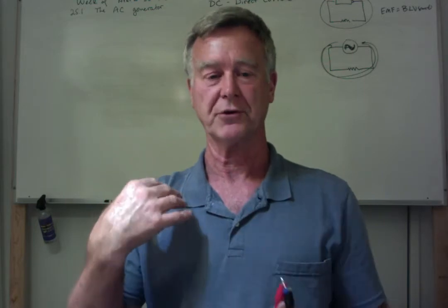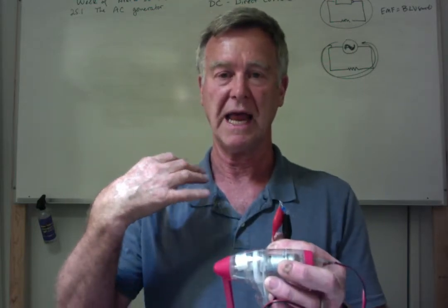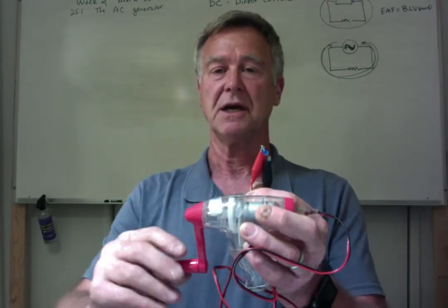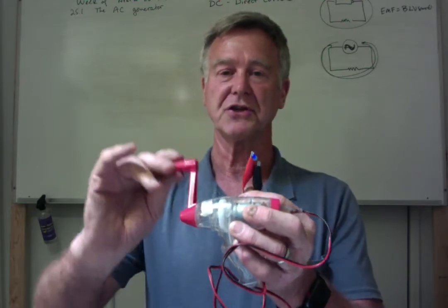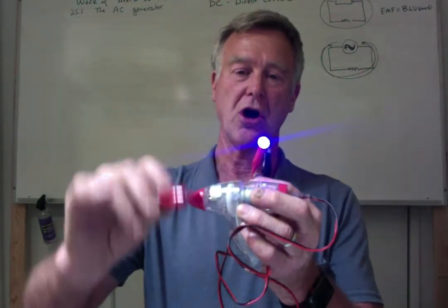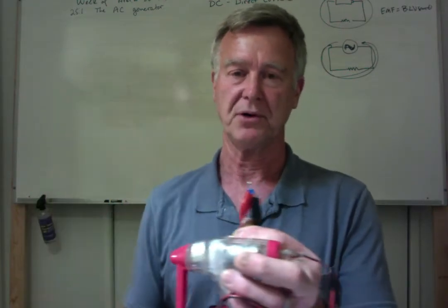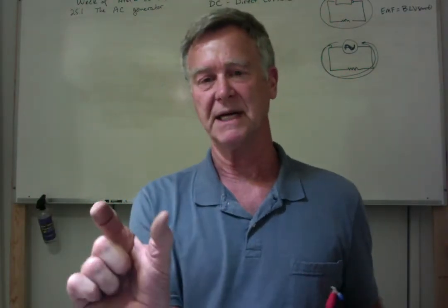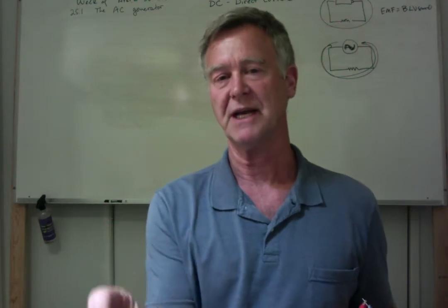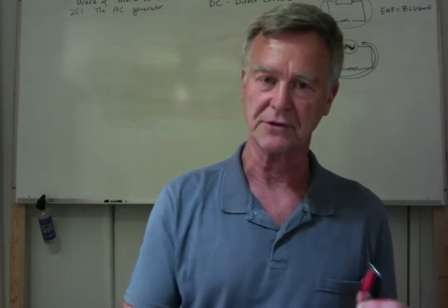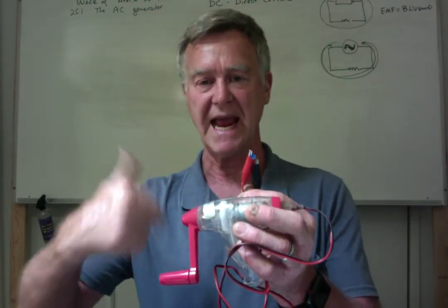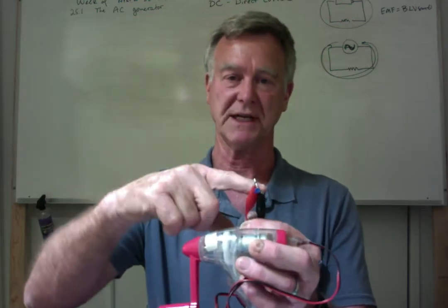I am transferring my own energy being used to turn this. I'm doing work on this handle, and as a result, I'm lighting up the light bulb. What a battery does is take chemical energy and turn it into electrical energy. This takes mechanical energy and turns it into electricity.